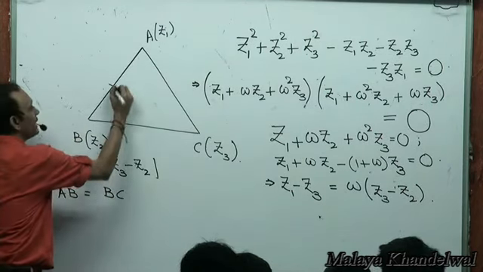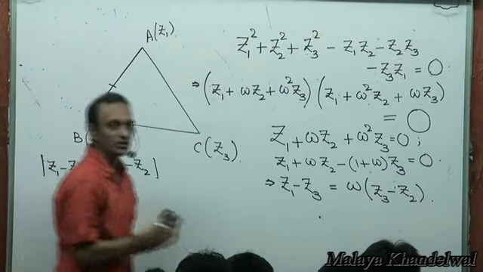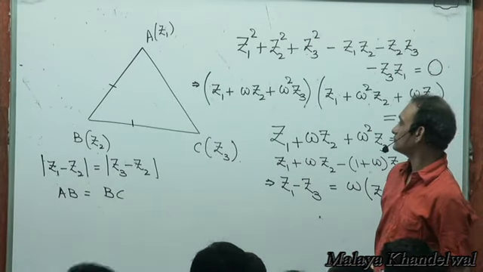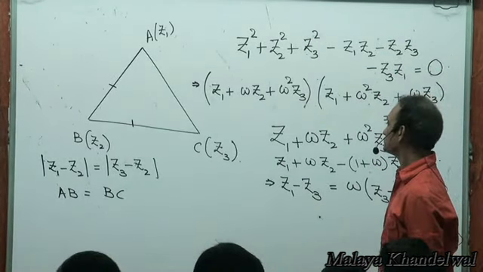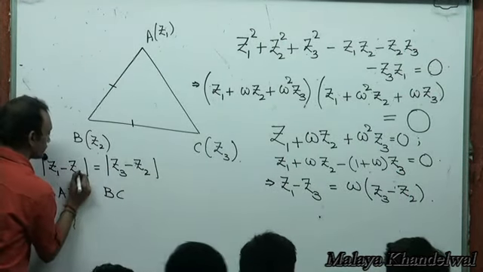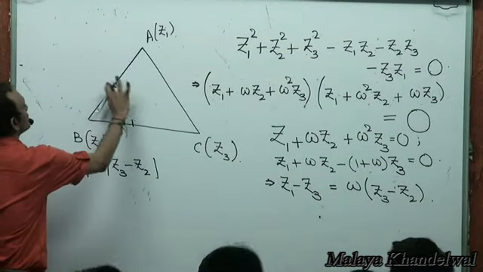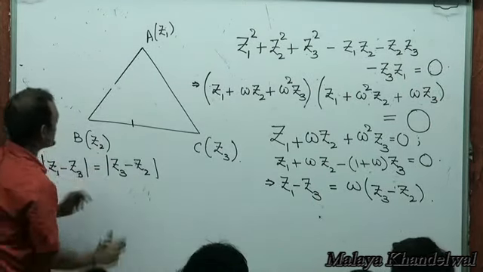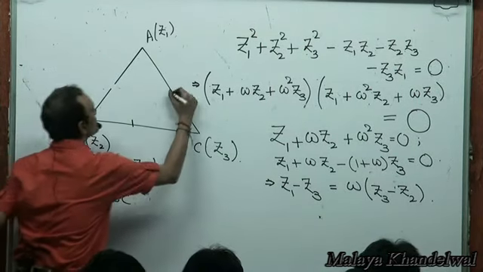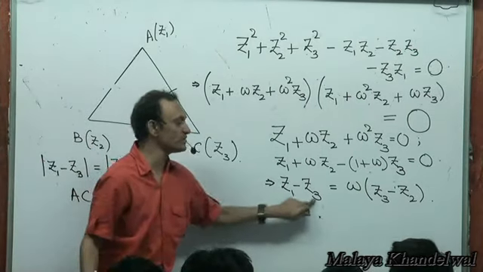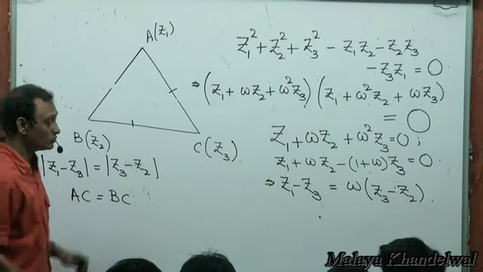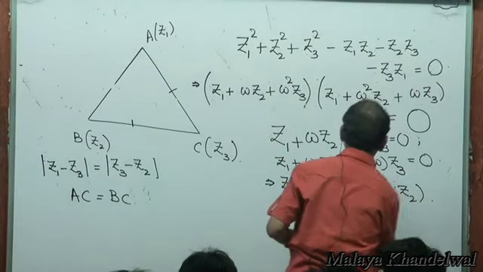So for sure, side AB equals side BC. Oh, z1 minus z3, sorry. z1 minus z3 is this side AC. So AC equals BC, right? This was z1 minus z3, not z1 minus z2. Right? Yes or no?